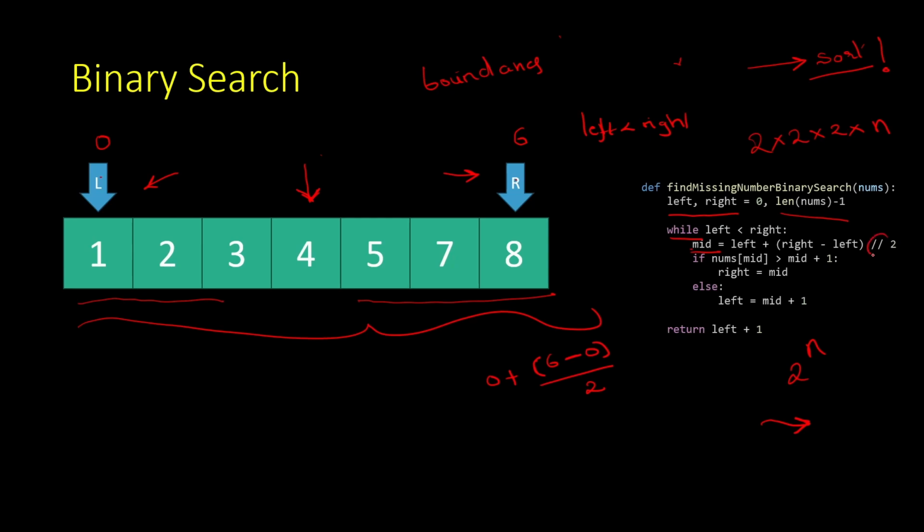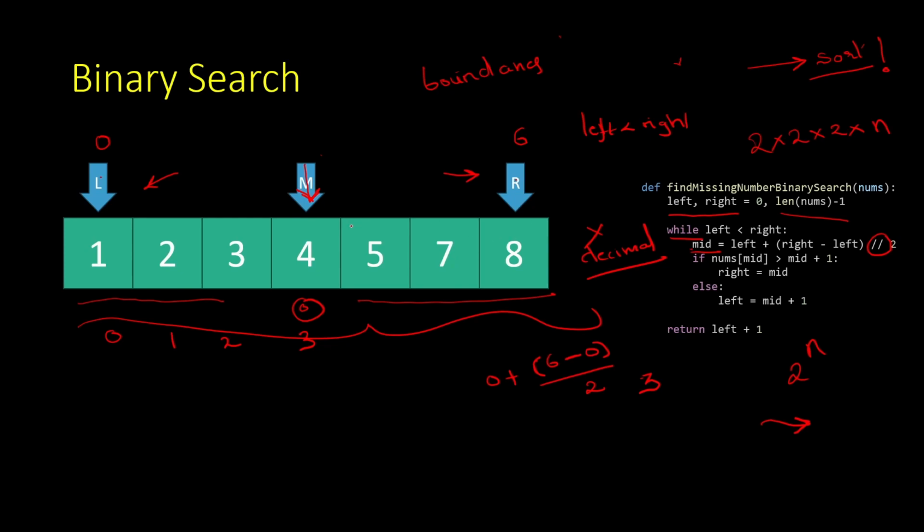This double slash is nothing but division and removing the decimal part. So how much do we get? 6 minus 0 is 6, divided by 2, 3. So we will be getting 3, which is the index of the middle element. If you check here, this is the index of the middle element, right? That's where the midpoint is.